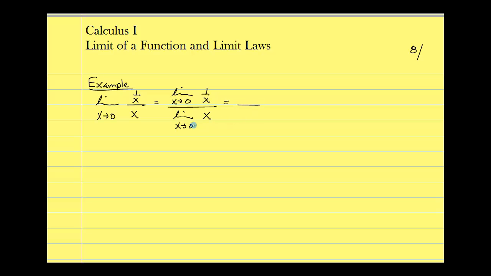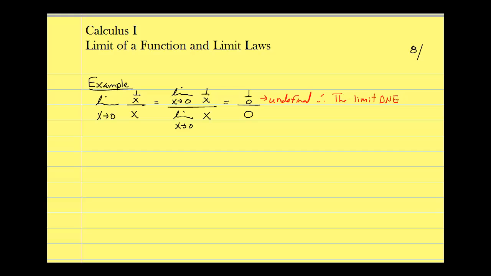Well, the denominator is very easy here. The limit as x approaches 0 of x is 0. I just plug directly in. Here I get 1 over 0. Now you might be tempted to look at this and think, okay, this is really 0 over 1, and I would invert it, and maybe I'd get something to cancel or simplify. But basically what we need to understand is this. This numerator is undefined, therefore the limit does not exist.